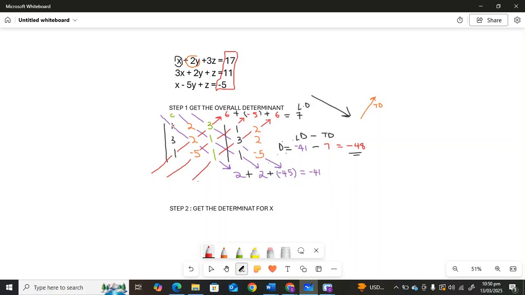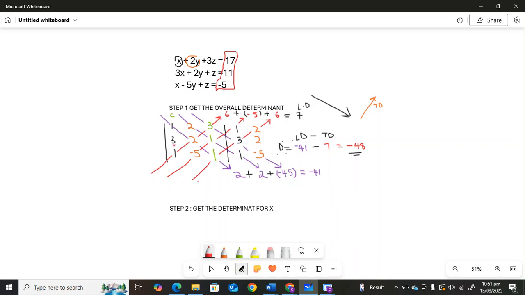When you're getting the determinant for y, this same column again, 17, 11, negative 5, is going to replace the y column. When you get to the determinant for z, this same column again is going to replace the z column.